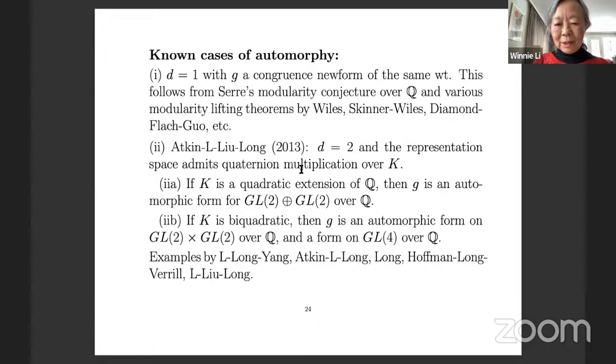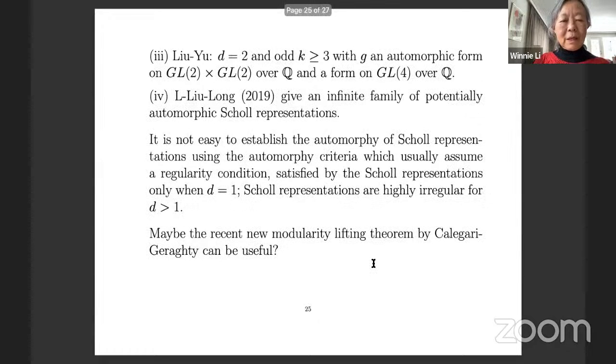So there's extra symmetry in that case. The corresponding automorphic representations are either for GL2 plus GL2 or GL2 cross GL2, which can be further viewed as forms for GL4.